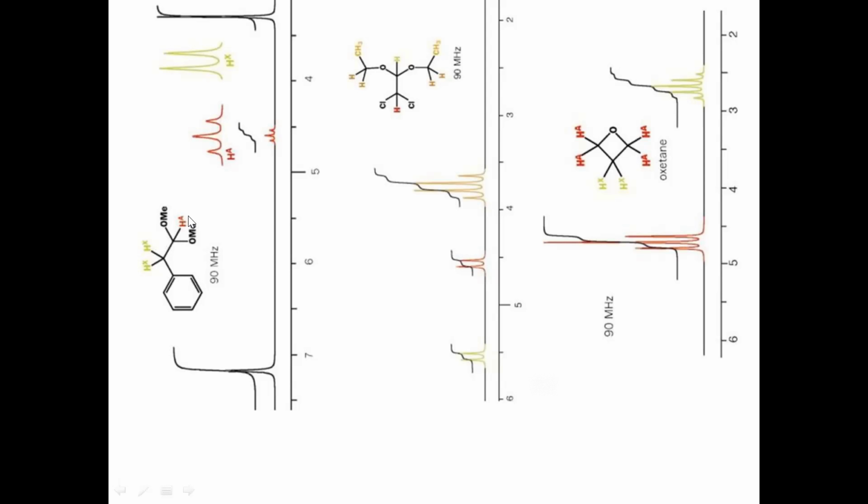So one proton appeared as a triplet due to the n plus 1 rule, and for these protons it will appear as a doublet. HX will appear as a doublet. So for this HX doublet will appear, and for this HA triplet will appear. And aromatic protons appeared in their own range.